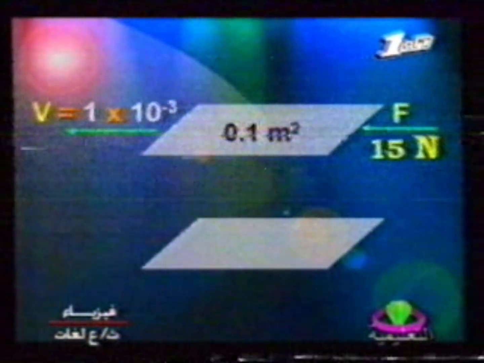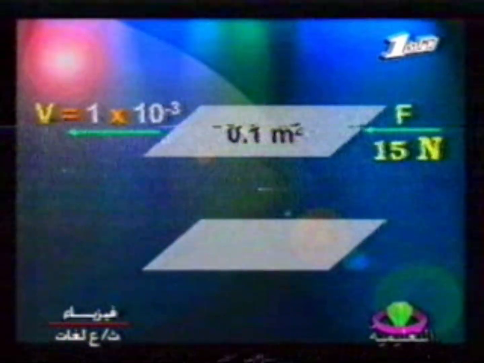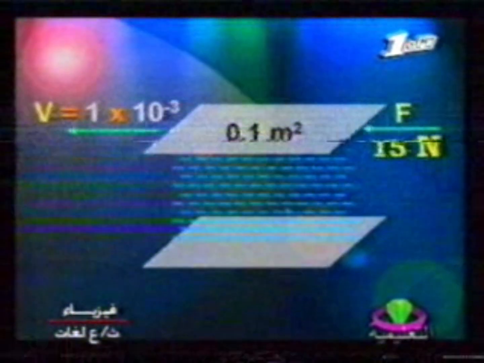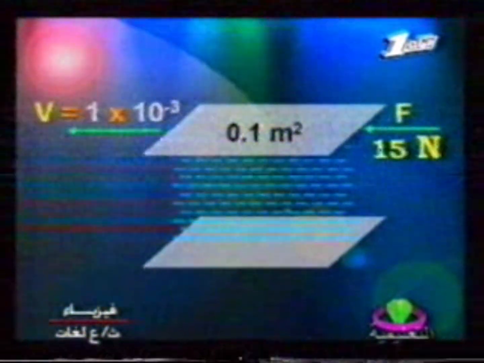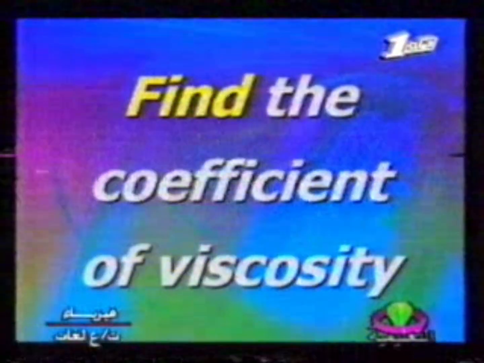If a force needed to move a plate with a velocity 1 times 10 to the power negative 3 meter per second on the horizontal plate of an area 0.1 meter square equals 15 Newton. Between the two plates there is a layer of oil of thickness 10 to the power negative 3 centimeter.